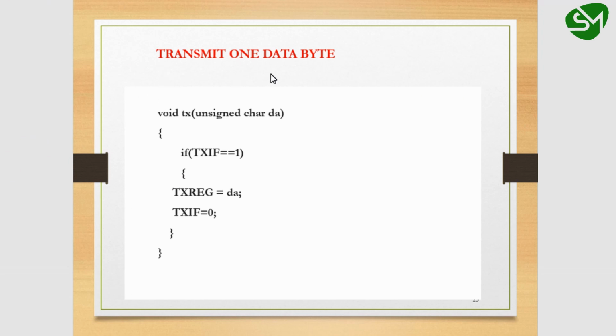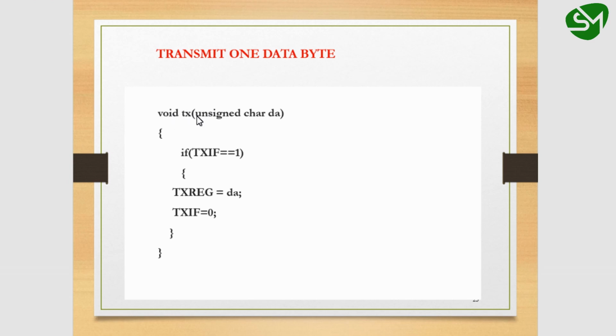This function is used for transmitting 1 byte of data in UART communication. So, void tx, where we receive a parameter, void tx of unsigned char data. This parameter is the data that we need to transmit.